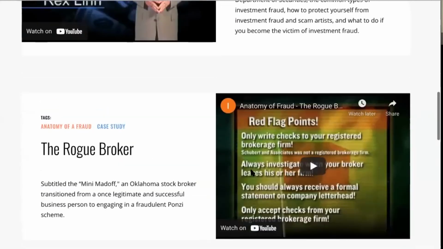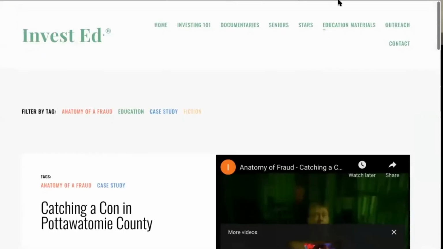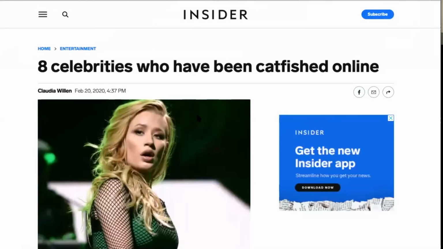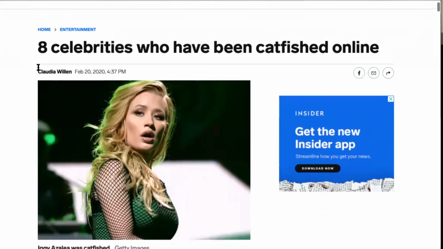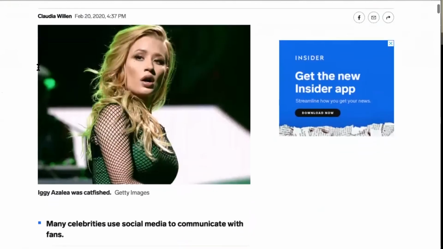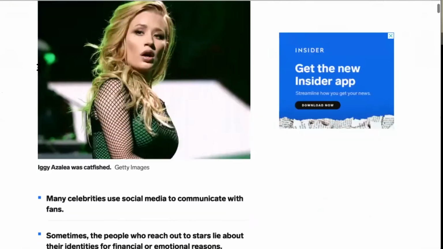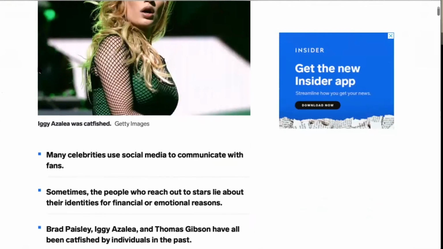Another way to connect it for students, this is an article that came out last year, and there are lots of really good ones around this, but 8 celebrities who have been catfished online. So this could be another activity that you present to them, where people that they're familiar with have been catfished.